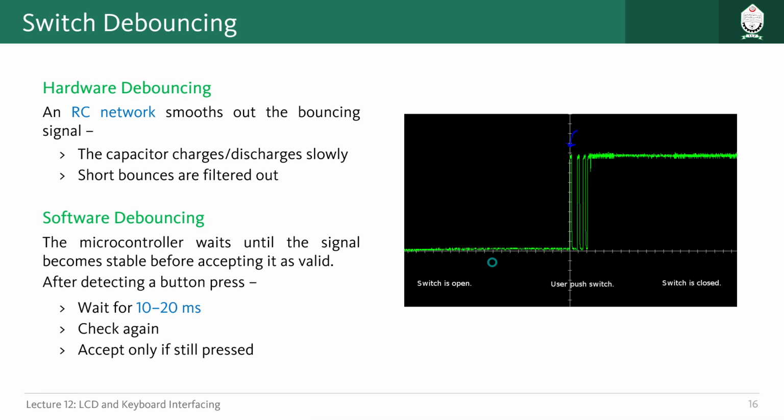We will wait for some time, in general 10 to 20 milliseconds, which is the amount of time a push button generally takes to stabilize. Then we check the value again. If we again see that the button has been pressed, giving us the same value as before, that means the button has stabilized. In this way we deal with the bouncing effect.